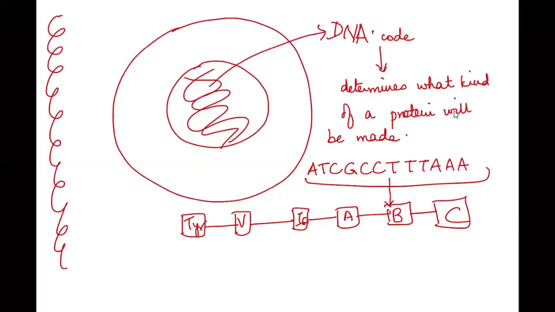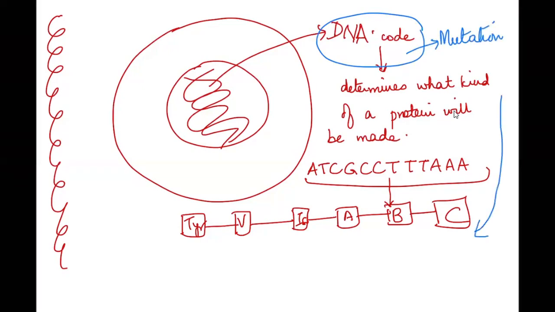Now, if there is a problem in the DNA code, in other words, if there is a mutation or a change in the DNA, do you think that the primary structure should also change? Miss, if the DNA code is changing, then yeah, it should also change the primary structure. It should change because then the sequence of amino acids will change also.